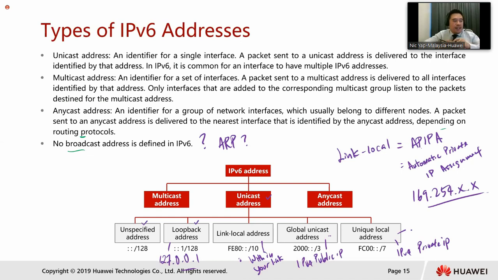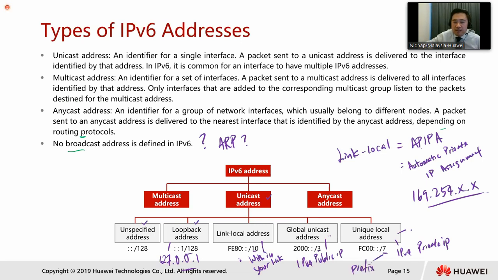Okay, the addresses are FC00::/7, 2000::/3, FE80::/10, and ::1/128. You can see that behind these they have numbers like 7, 3, 10, 1 to 8. All these numbers represent a prefix.